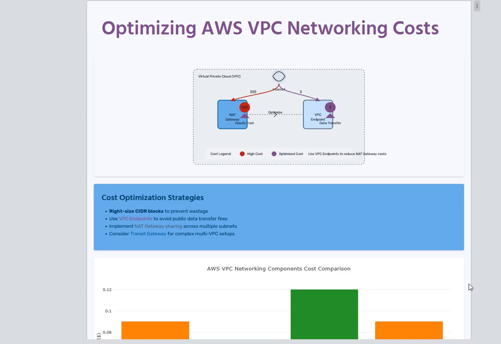Implement NAT gateway sharing across multiple subnets. So share one NAT gateway across multiple subnets. But if it's high availability, you have to put a NAT gateway per availability zone.